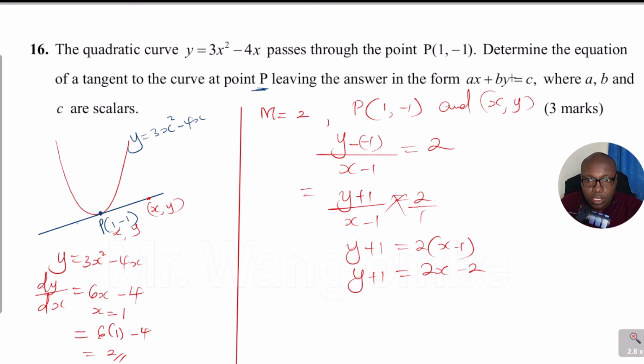Since you want the equation in this form, x and y should be on the left hand side, and the constant c on the right hand side. So we get negative 2x plus y, then I take positive 1 to the right hand side by subtracting 1 from both sides, giving negative 2 minus 1. So negative 2x plus y equals negative 3.